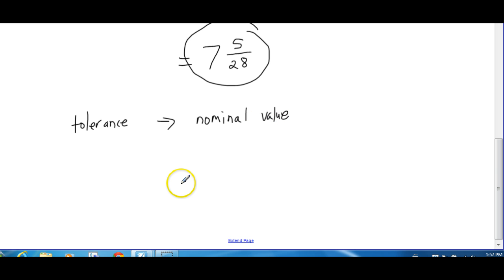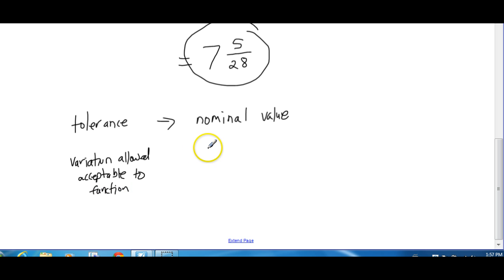Okay, so the tolerance is just the variation allowed, which is acceptable to function.